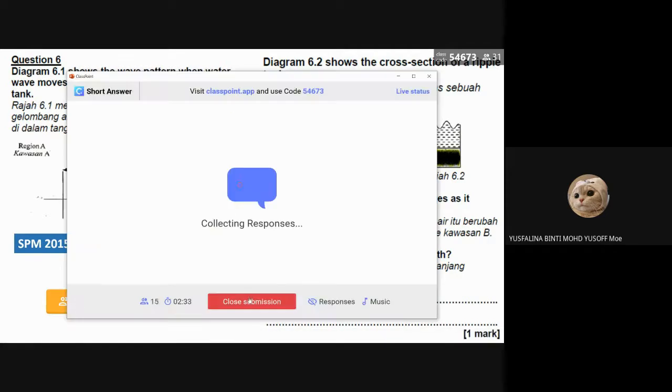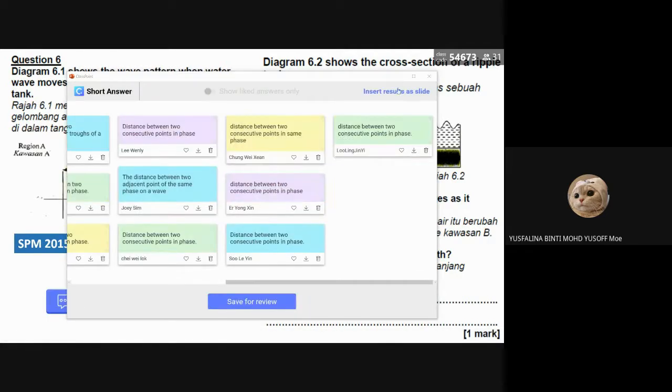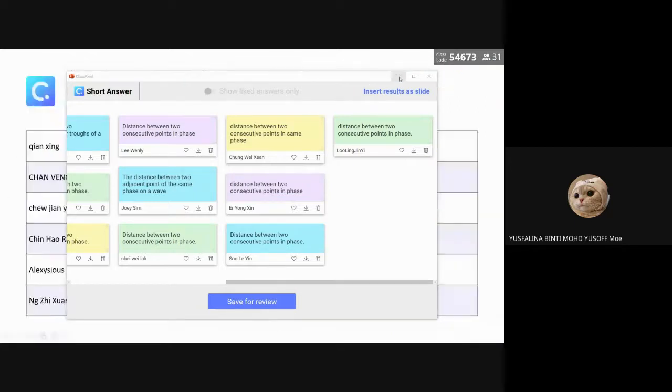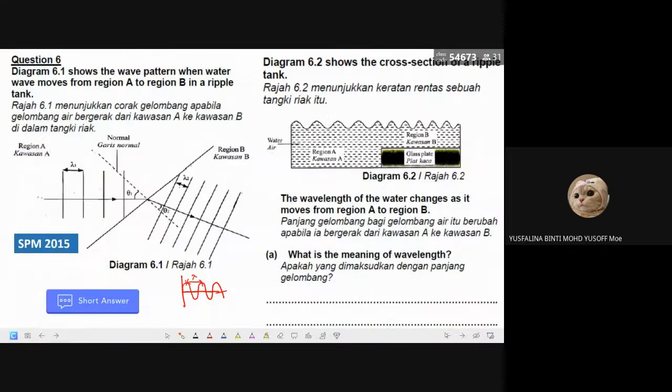Alright, so what does it mean by wavelength? The distance between two consecutive points in the same phase. Right, so that's the meaning.